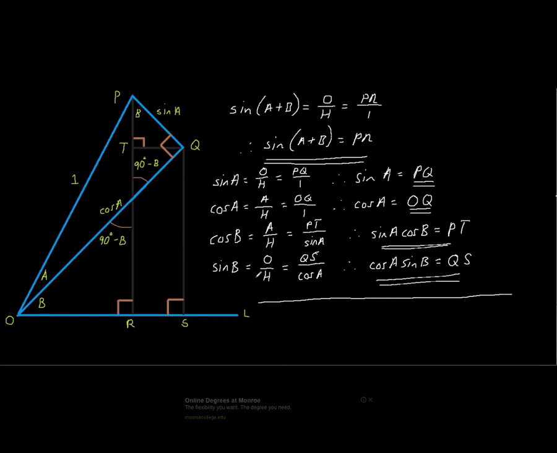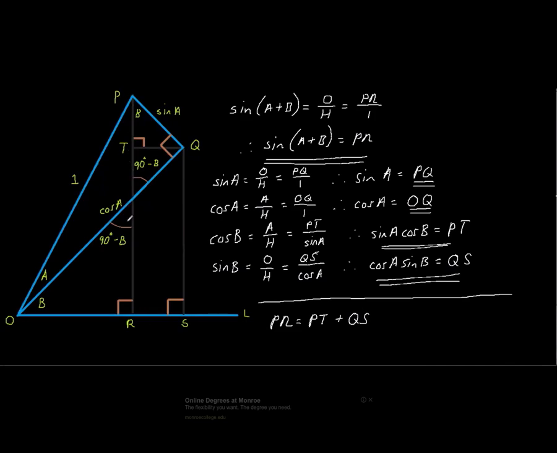everything we need, we can prove that sine A plus B equals sine A cos B plus cos A sine B. We can prove this by saying that PR is equal to PT plus QS. Now, let's look at PR for a moment.